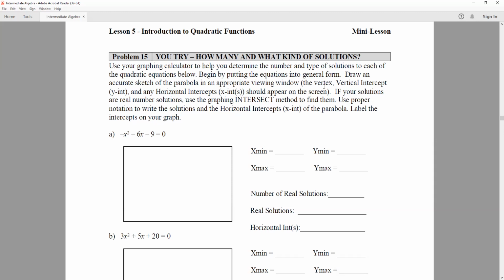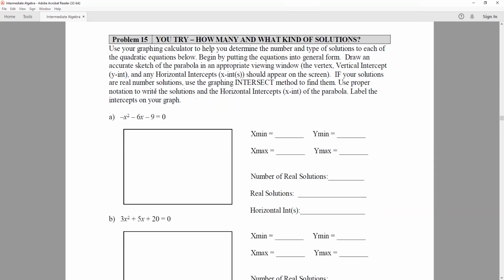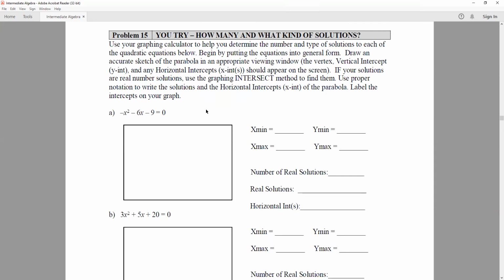And then label the vertex, the y-intercepts, and then any horizontal intercepts, okay? If your solutions are real number solutions, use the graphing intersect method to find them. Then use proper notations to write the solutions and the horizontal intercept of the parabola.